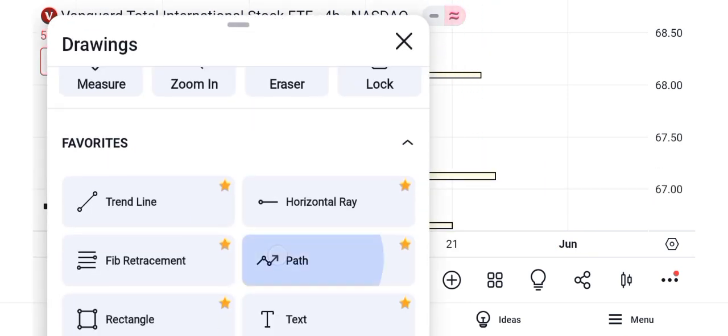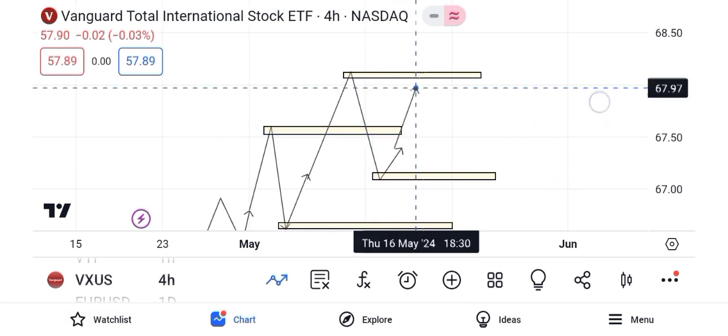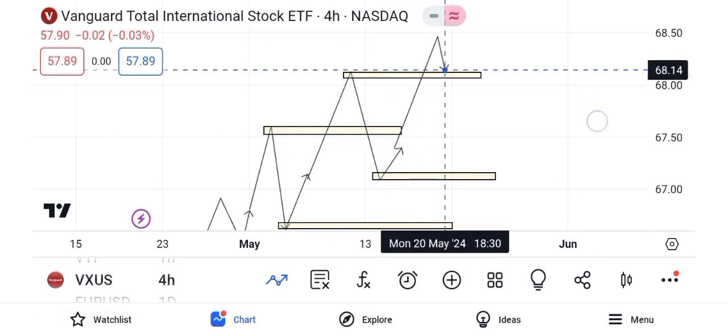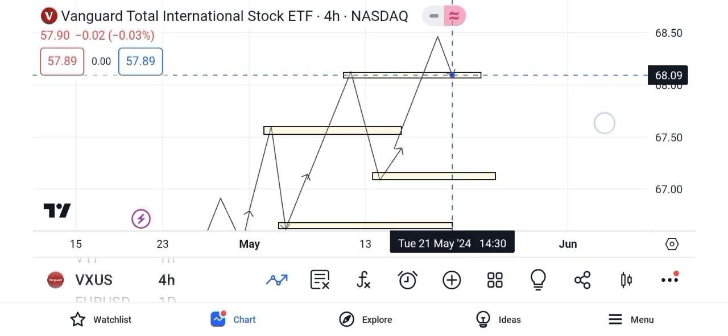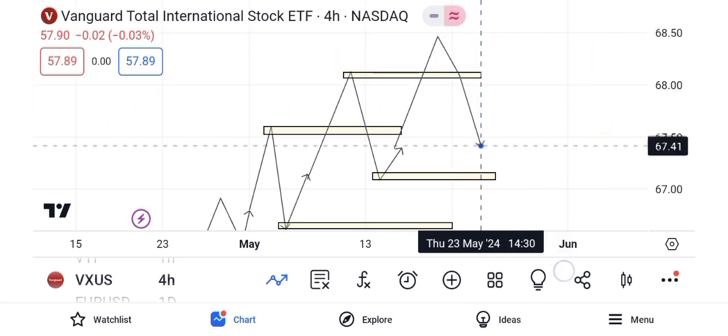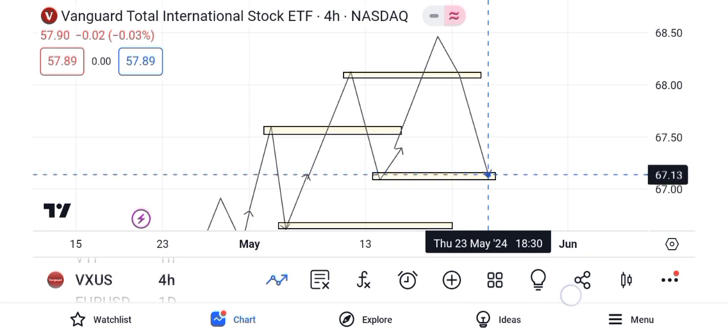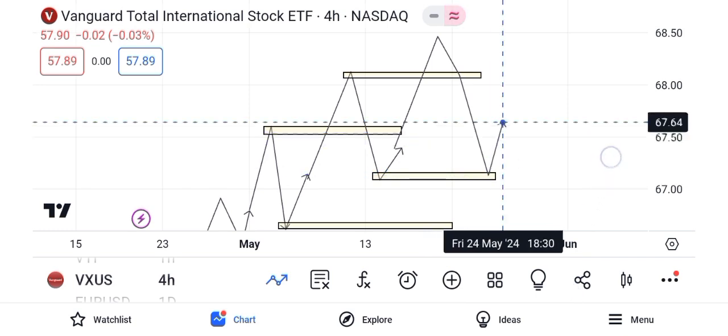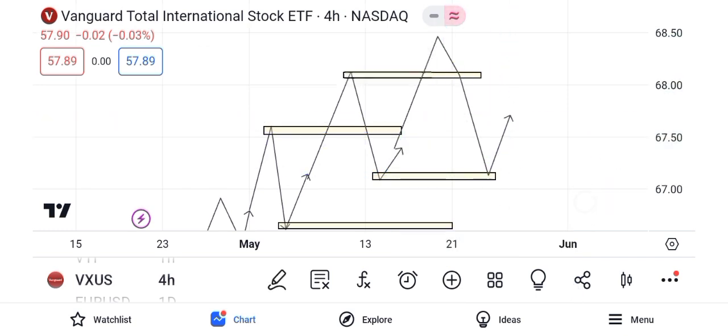Then we wait for the breakout upward, then wait for the retracement for the market to touch this zone. If we get any buying confirmed candles, we buy. Or in case the retracement moves down to this key zone, if we get any buying confirmed candle, then we buy. So it is very, very simple.